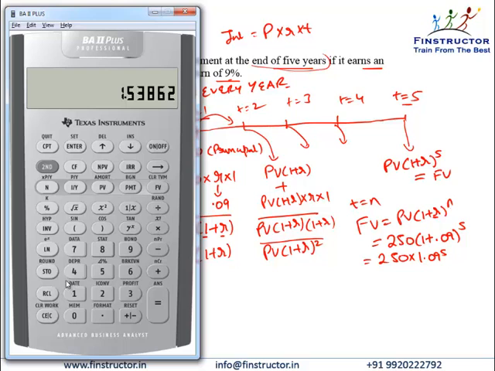So multiply with 250 and then press the button equal to. So we see that the future value comes out to be $384.66. We will store this in the memory register 2 just to compare it with the other method that we'll just study. So again, press the button store and press the button 2.